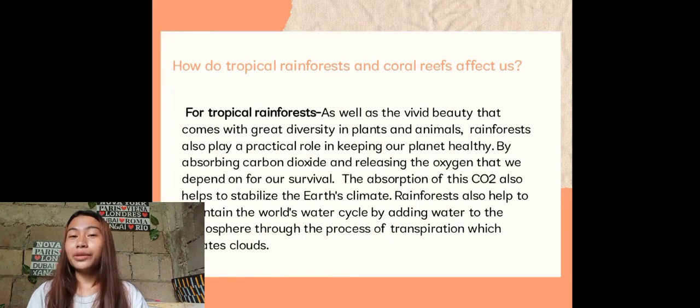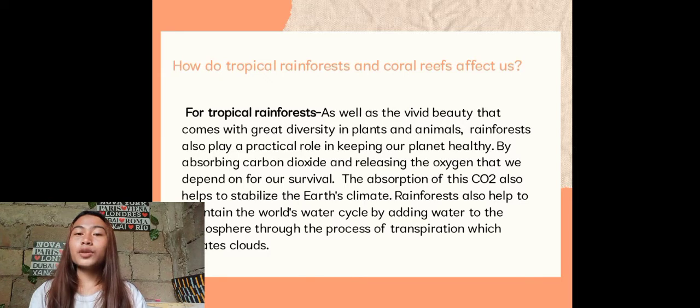For tropical rainforests, as well as the vivid beauty that comes with great diversity in plants and animals, rainforests also play a practical role in keeping our planet healthy, by absorbing carbon dioxide and releasing the oxygen that we depend on for our survival.